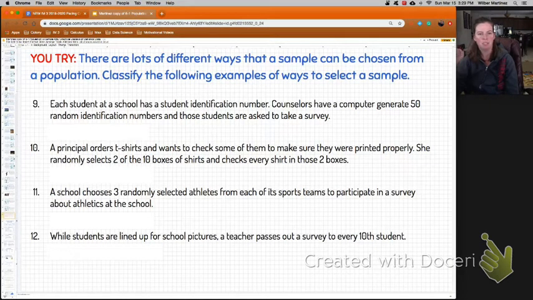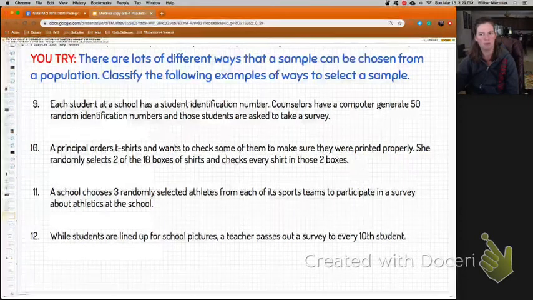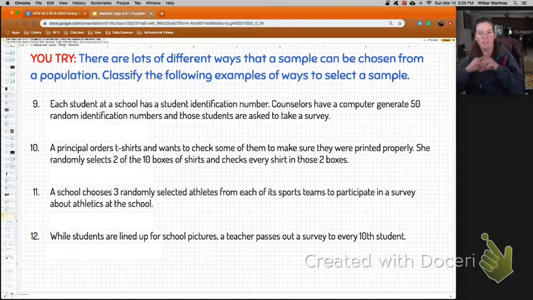Let's look at number 10. A principal orders t-shirts and wants to check some of them to make sure they were printed properly. She randomly selects 2 of the 10 boxes of shirts and checks every shirt in those 2 boxes. What type of sampling is that? All right, so the shirts have been divided based on the different boxes that they're in.